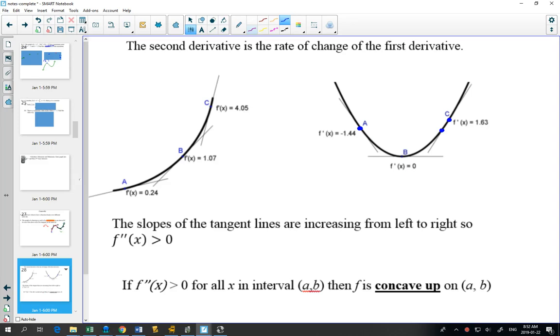So, in the same way that we did our first derivative and found out where our graph was increasing, if we find out where our tangents are increasing, we can say that our graph is concave up in that section. In other words, if your second derivative is positive in a section, then it's concave up in that section.